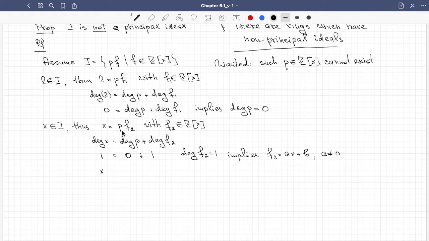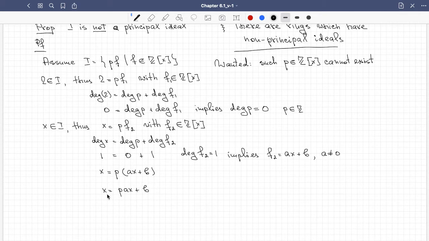And p is a constant polynomial. Constant polynomials are reduced to their constant terms. These are just integers inside polynomials. So we have that x is equal to p times f2, which is ax plus b, or, equivalently, x equals p times (ax plus b).